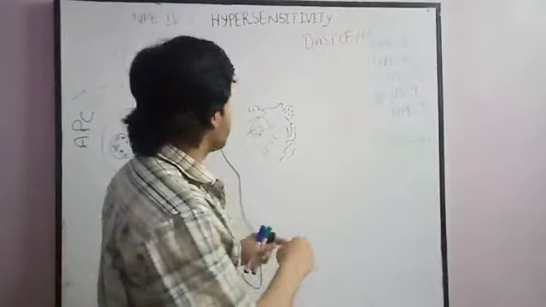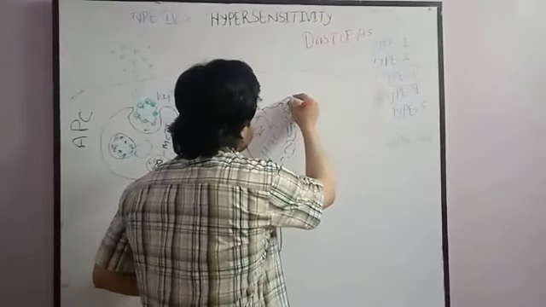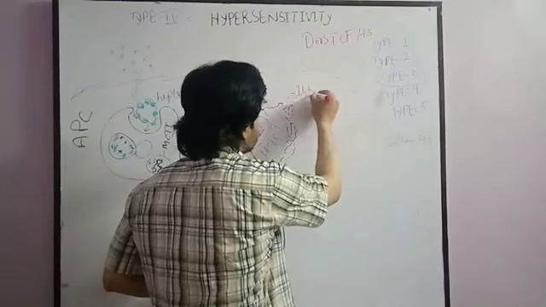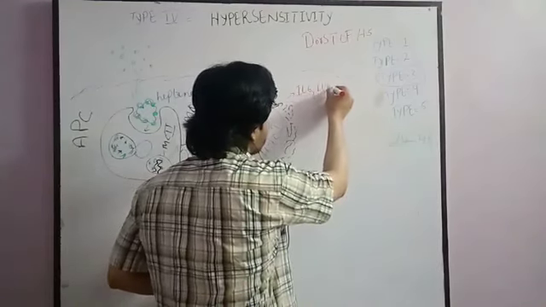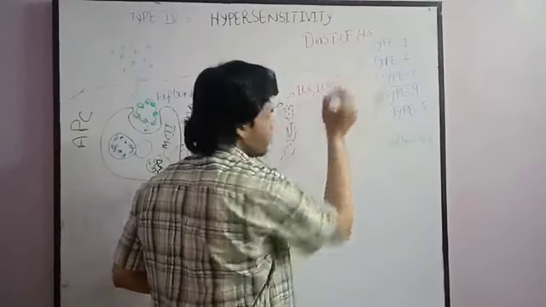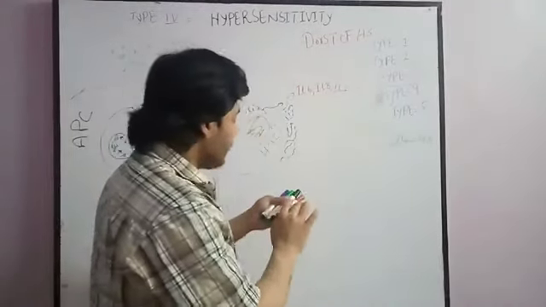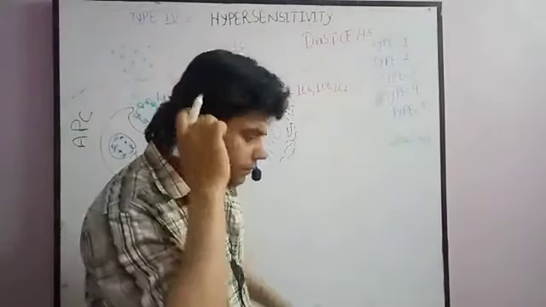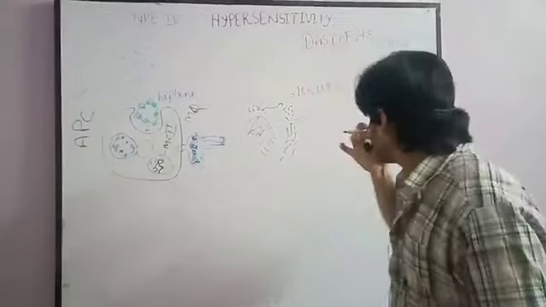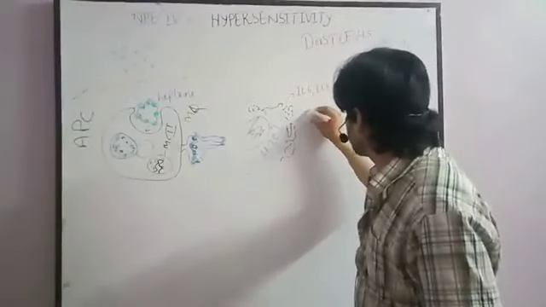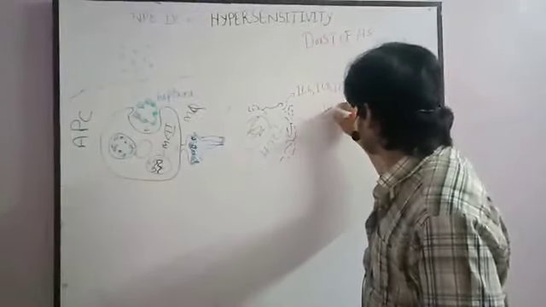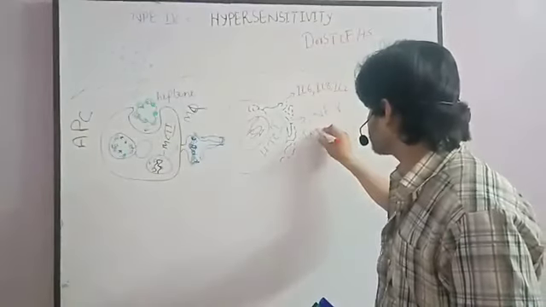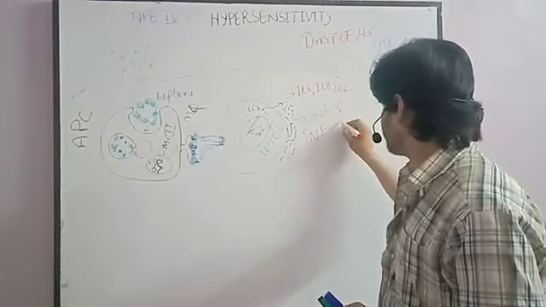Let me write the name of each chemical: interleukin 6, interleukin 8, interleukin 2, and some other chemicals such as interferon gamma and tumor necrosis factor alpha.